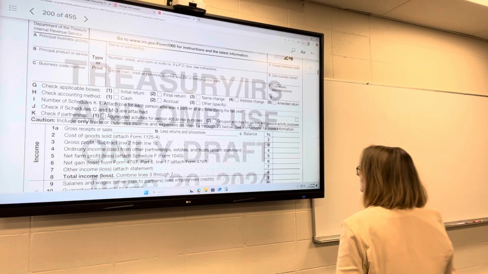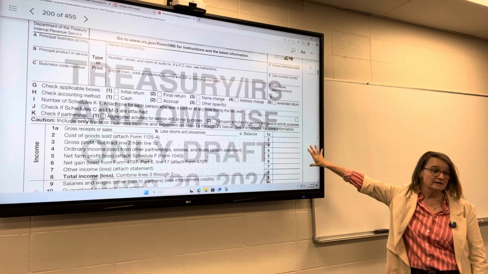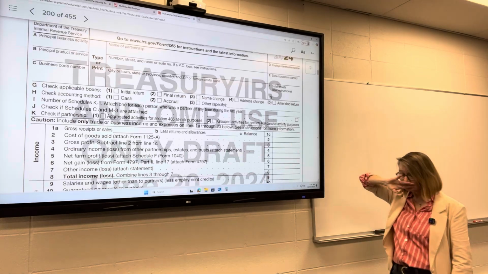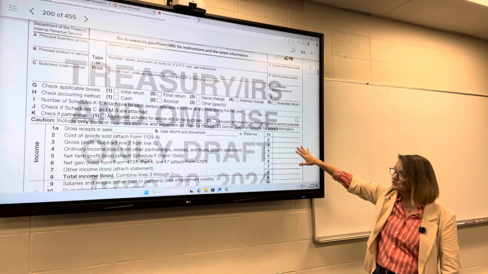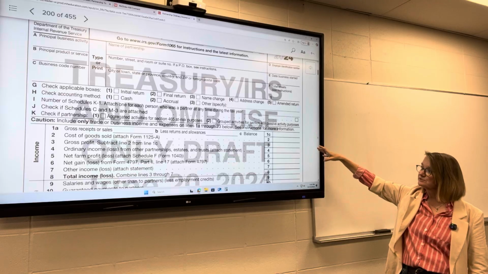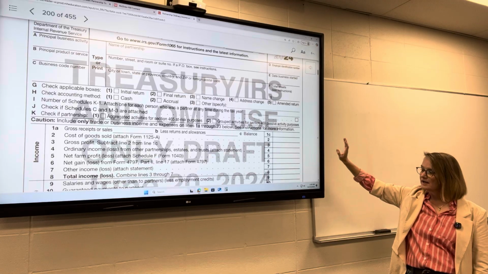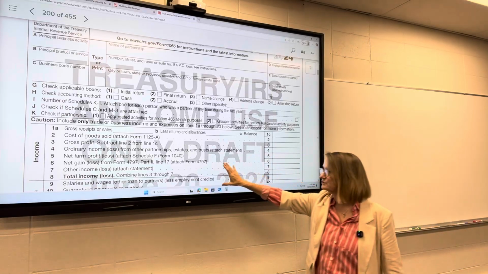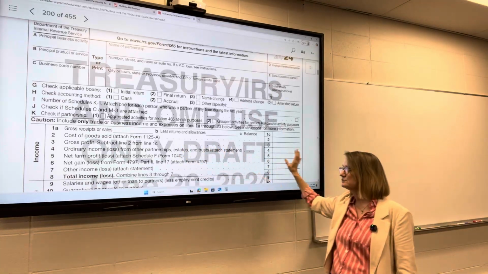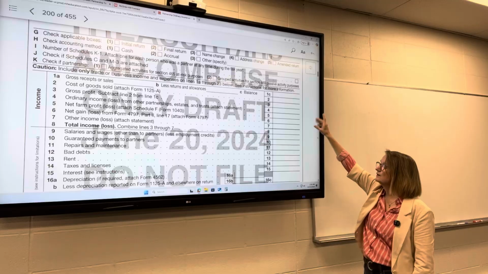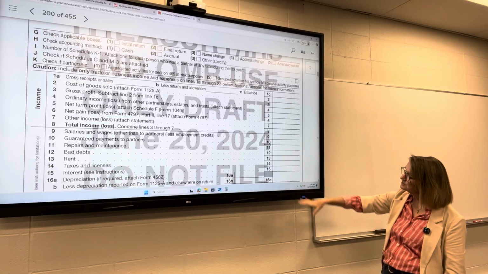So all of our income items up here, same types of items. We've got our gross receipts, less returns and allowances, cost of goods sold, gross profit. If it's a farm, then there's a special spot for a farm, other types of income there as well. And then we have our expenses down here.